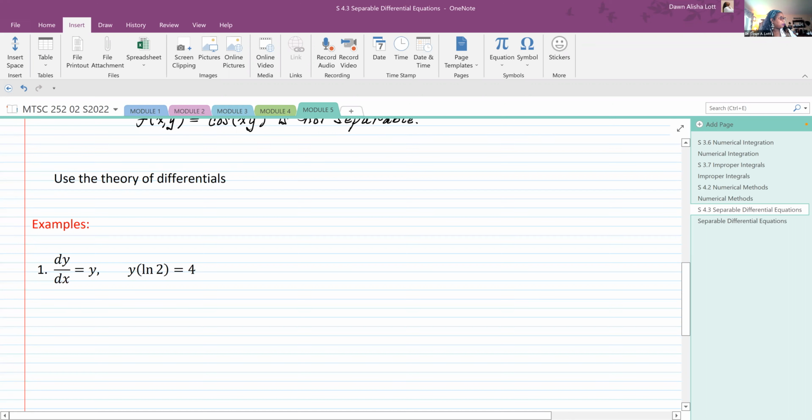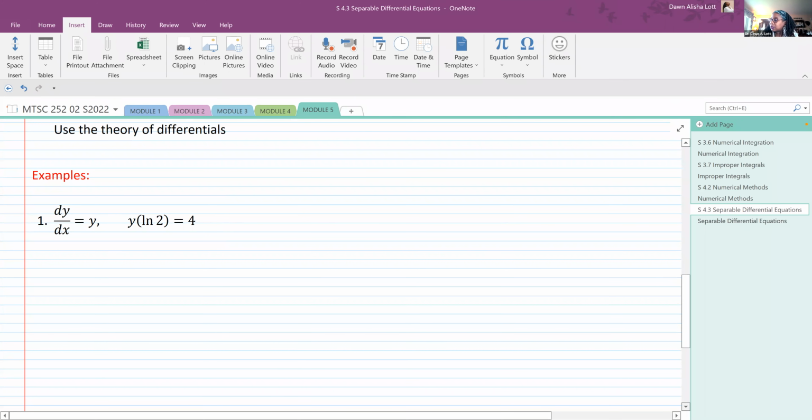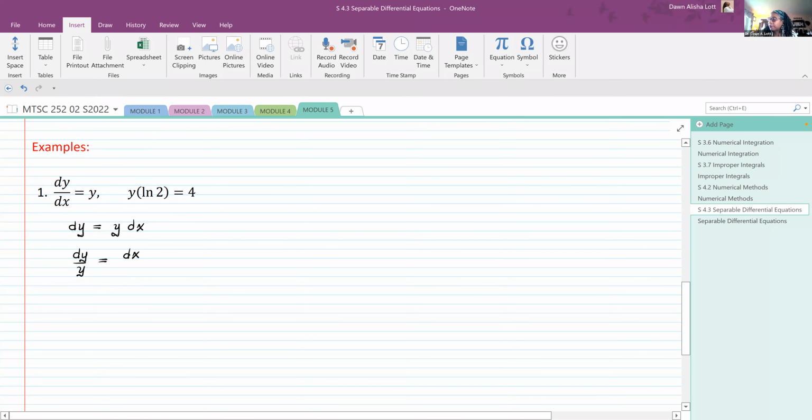Okay, so what do I mean by that? Here's my first example. So I have dy/dx is equal to y. Okay, so I'm going to do dy is equal to y dx, and then I'm going to get dy over y is just equal to dx. Okay, so now I have y's on one side, x's on the other. Then I need to integrate.